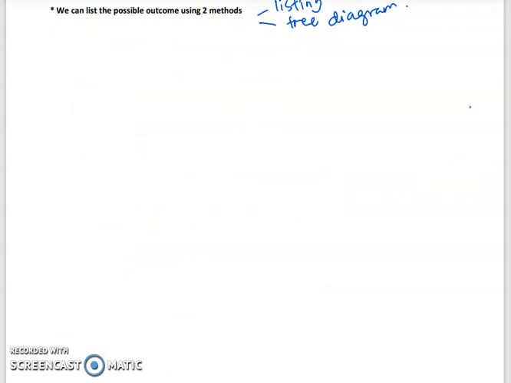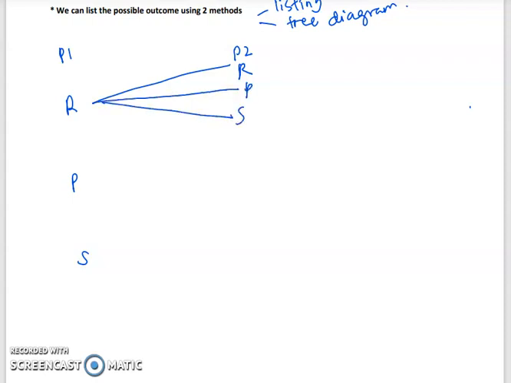Now let's look at the second method, which is the tree diagram. So tree diagram is almost similar. So we'll have pupil 1 and pupil 2. Pupil 1 might show either rock, paper, or scissors. And then if pupil 1 shows rock, pupil 2 might show either rock or paper or scissors, right?